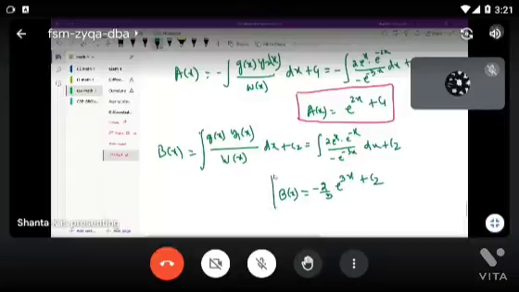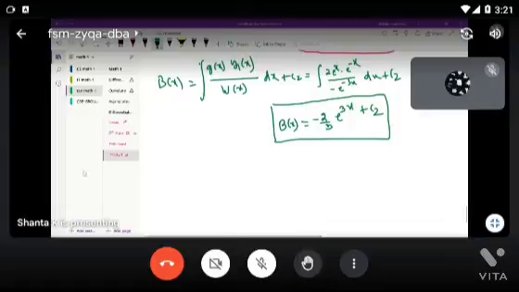So now we have the solution. We have y1(x), y2(x), a(x), b(x). So the general solution.